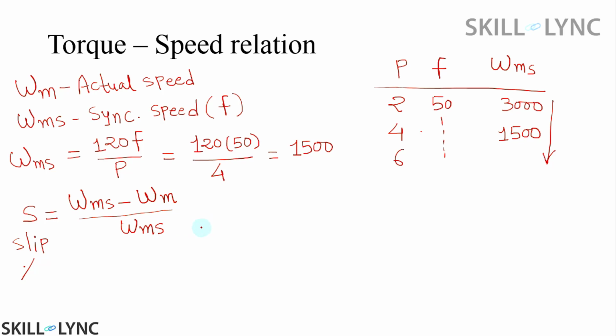Now if I apply Kirchhoff's voltage law and establish the typical equation of torque developed by a 3-phase motor, the per phase torque is calculated first and then multiplied by 3 because it is a 3-phase motor.